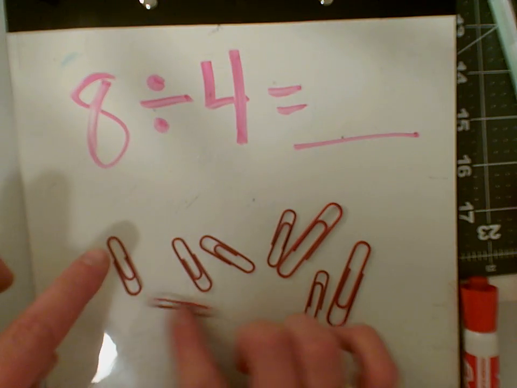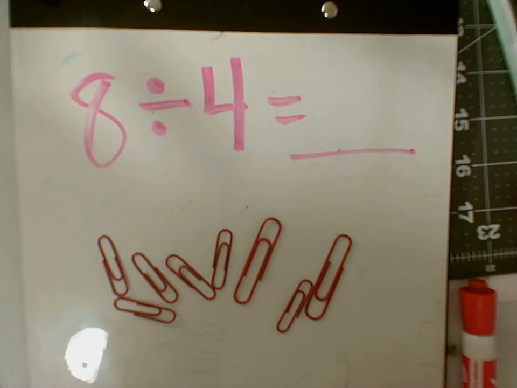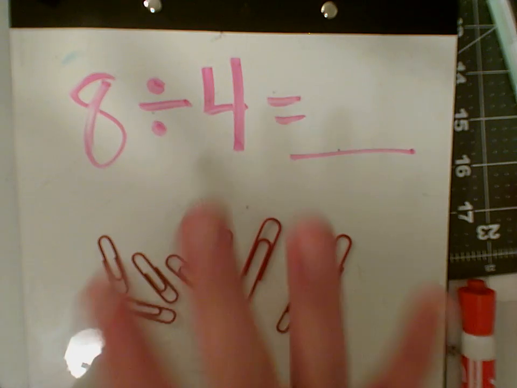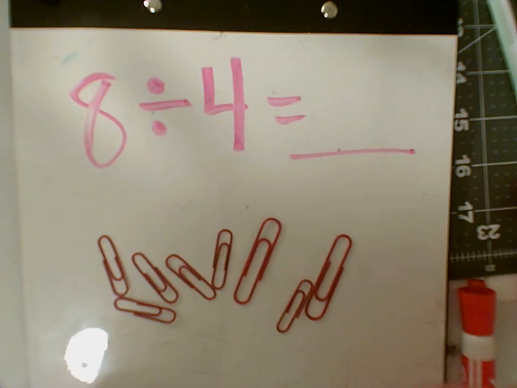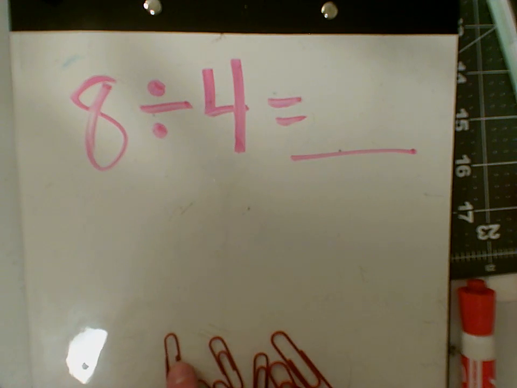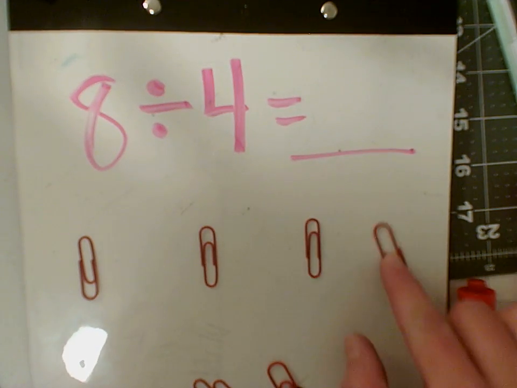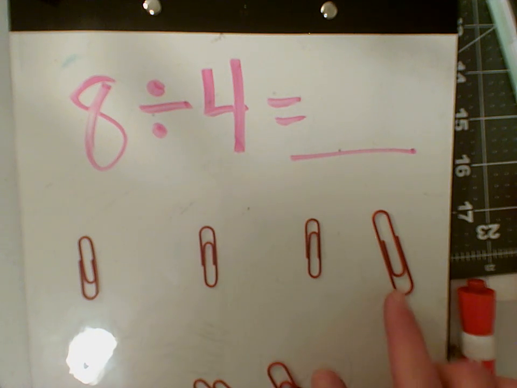Let's double check. 1, 2, 3, 4, 5, 6, 7, 8. Okay, so I need to divide these paper clips into 4 equal groups. I could just start off by saying group 1, 2, 3, 4. Here's my 4 groups.